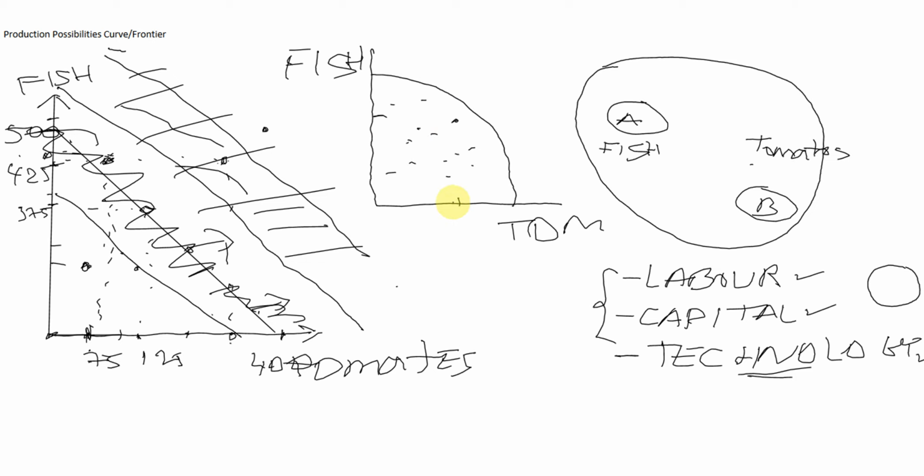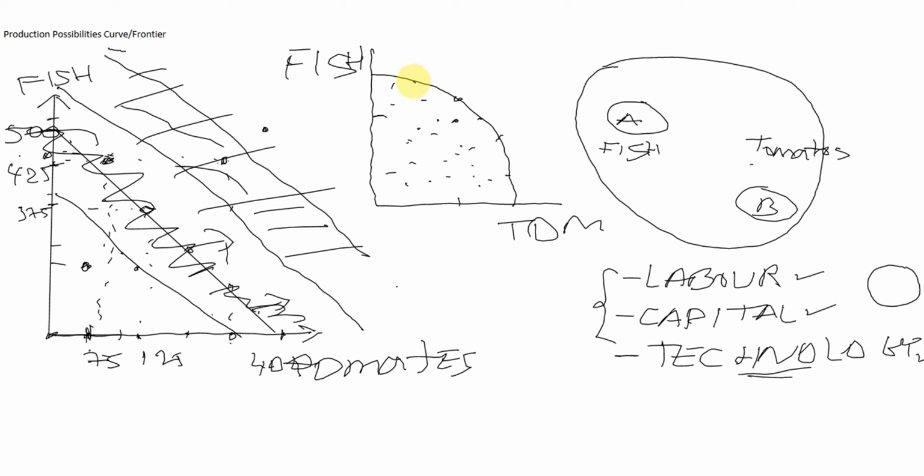In this case, because these points are inside the curve, they are not maximum amounts. They are actually produced inefficiently. We have more capability, so we can produce on this curve, anywhere here. All of these points on the line are the most efficiently produced goods combinations.